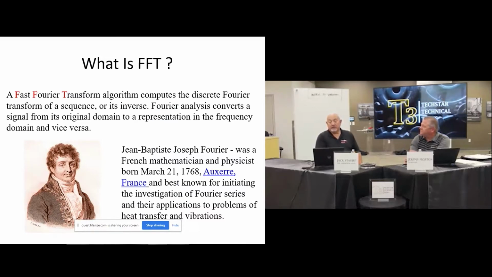Fourier analysis converts a signal from its original domain to a representation in the frequency domain and vice versa. This was all discovered by French mathematician Jean-Baptiste Joseph Fourier back in the 1700s.